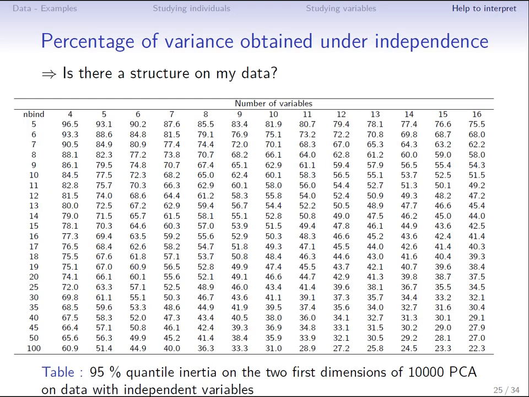There is a table which gives us the 95% quantile of the percentage of inertia of the first 2 dimensions of the PCA when we have independent variables.